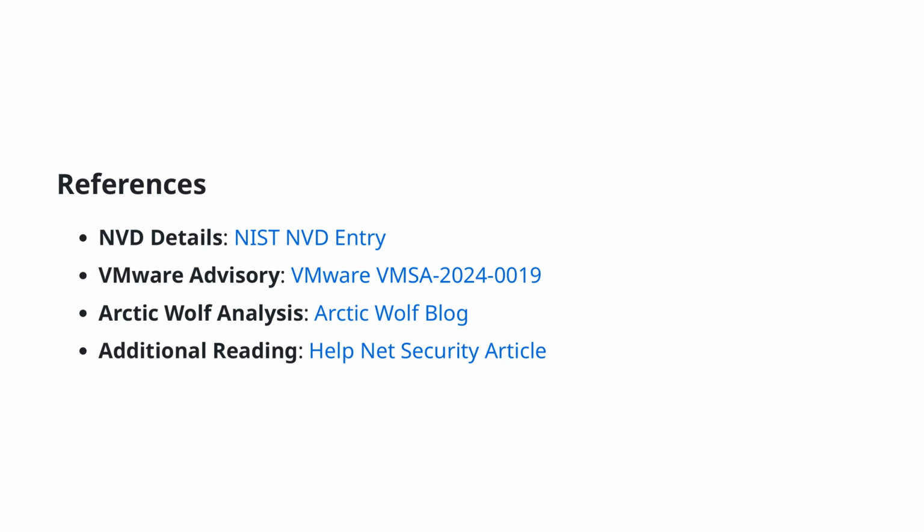Arctic Wolf has analyzed the vulnerability, and their analysis can be found on their blog, which may provide useful perspectives on potential impacts. For broader context, there's an article on HelpNet Security that offers additional reading. These resources can help deepen your understanding and facilitate informed decision-making in your security strategies.